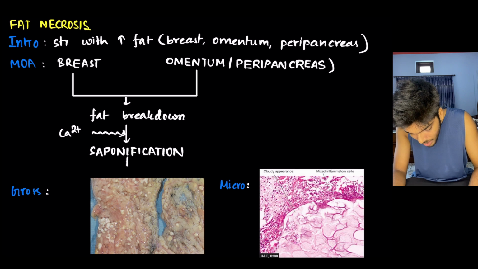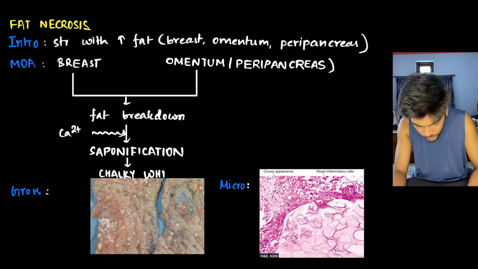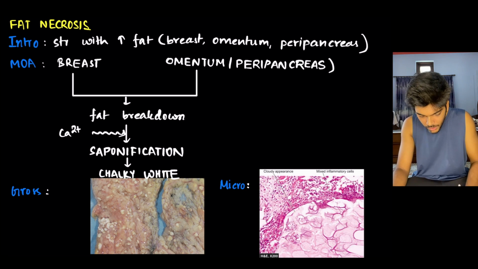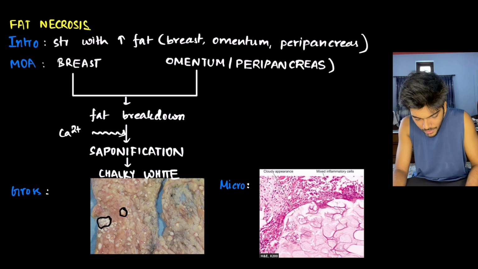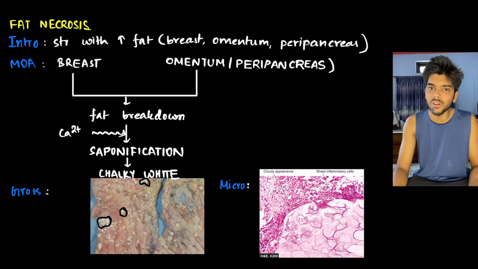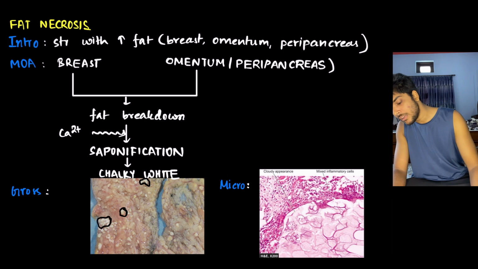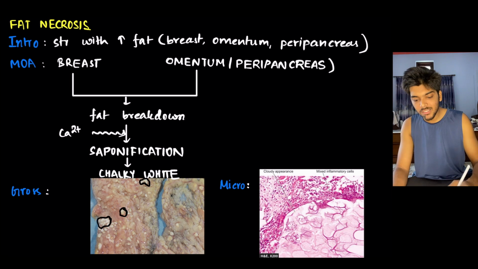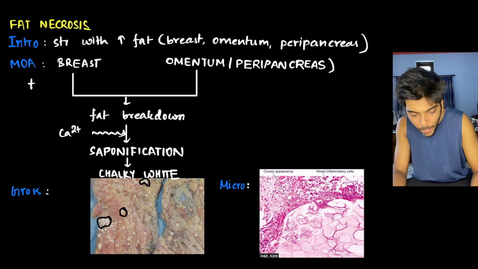As a result, grossly, it appears chalky white. See these areas, chalky white areas. These are your areas of fat necrosis, where the process of saponification has taken place due to the addition of calcium to broken down fat, that is fatty acid. Now, what are the reasons that fat gets broken down in breast? Trauma.